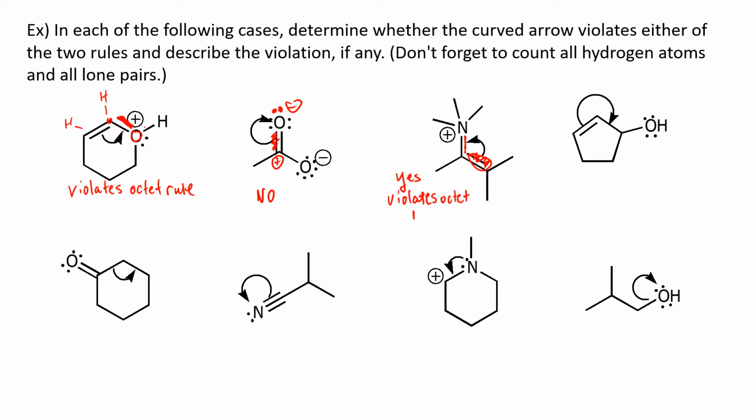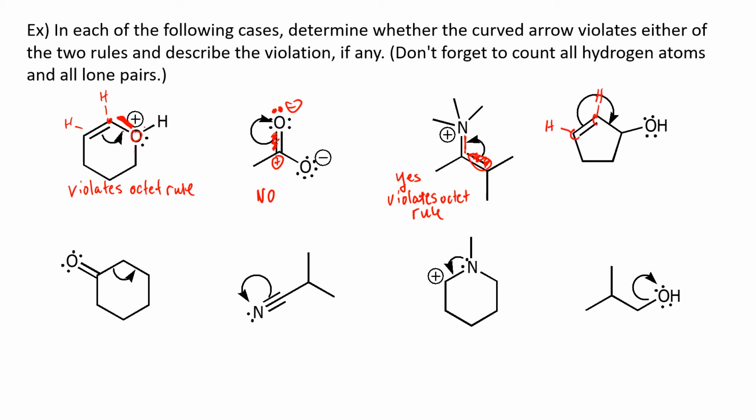In our next example, let's take a look. If we move the electrons from this pi bond, the carbon-carbon pi bond, to the other carbon-carbon bond, it will be a violation. Now, it's often helpful, like I said, to draw the hydrogens in.